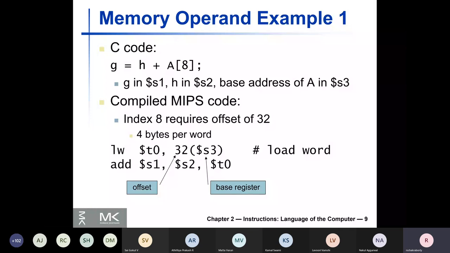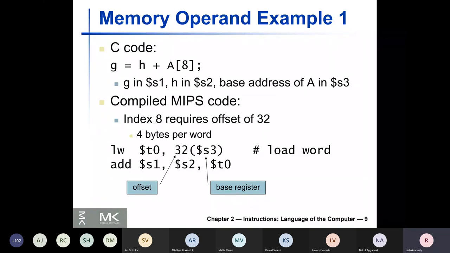I have decided to first load the word into $t0. Notice that we have no operation that can directly work with the memory value. We have already mentioned that only register to register operations are possible. So first I need to get the value from A[8] into some register, say $t0. So I first execute LW $t0, 32($s3).